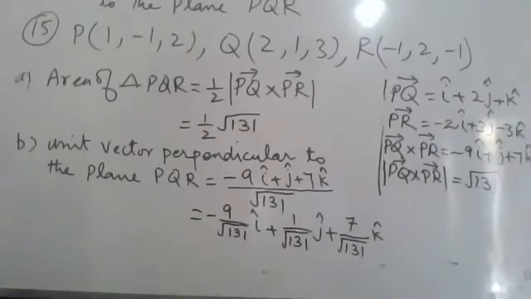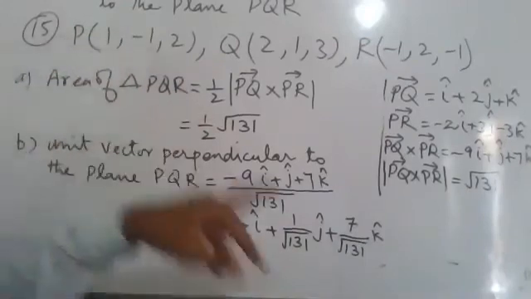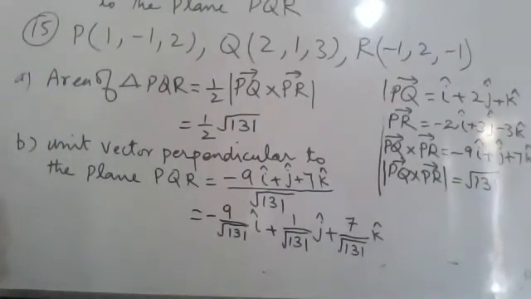If we do not multiply with half, then this will be the area of the parallelogram. If there is a parallelogram, rectangle or square, from the same point we get two vectors.